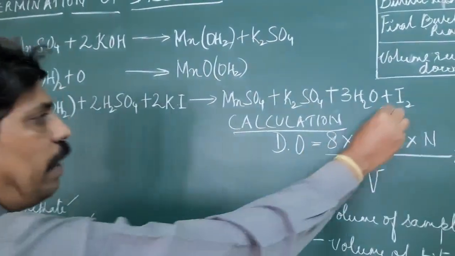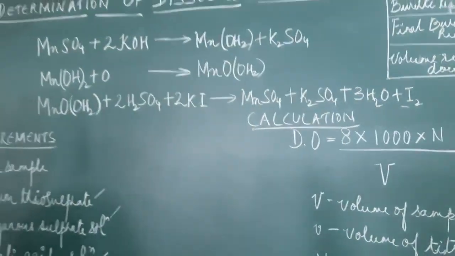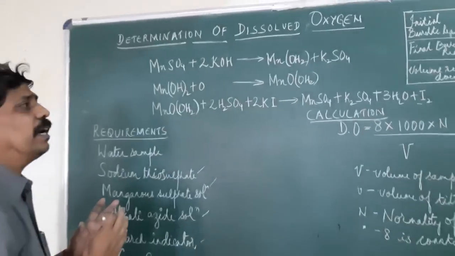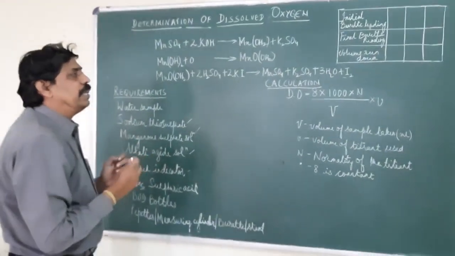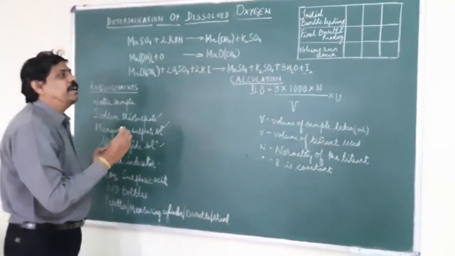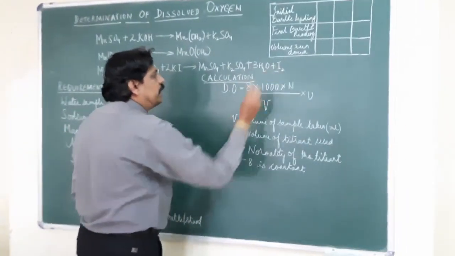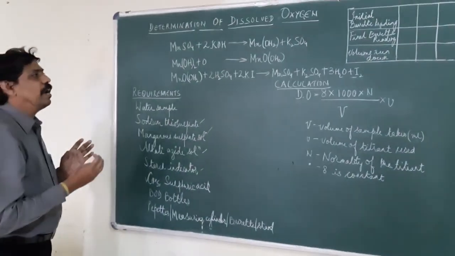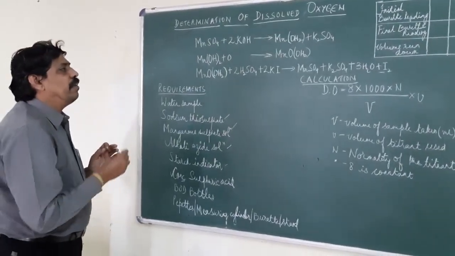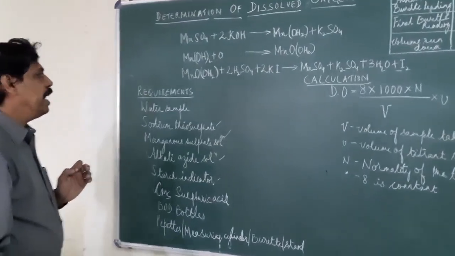This is one of the ways wherein we measure the oxygen indirectly, with the estimation of this iodine. This whole experiment is an iodometric titration.